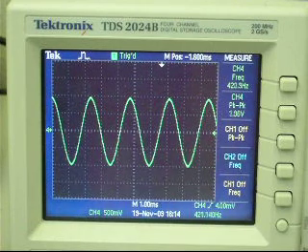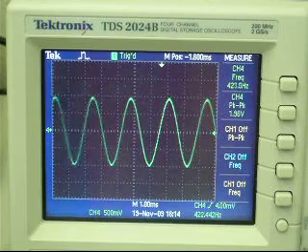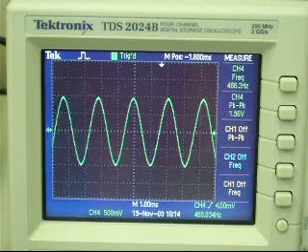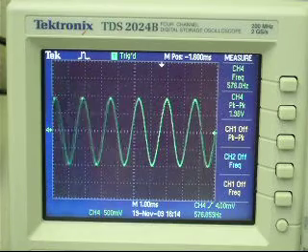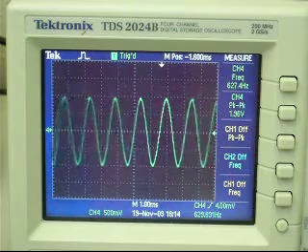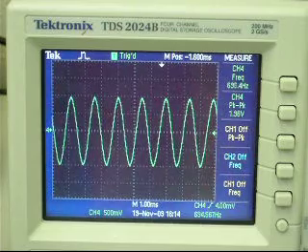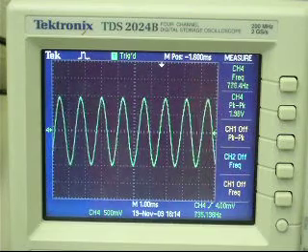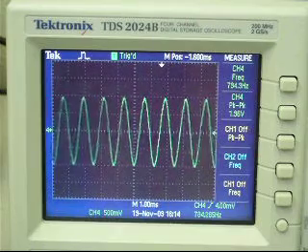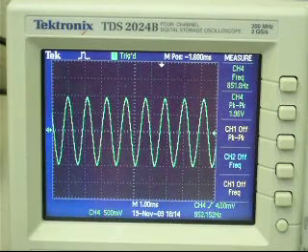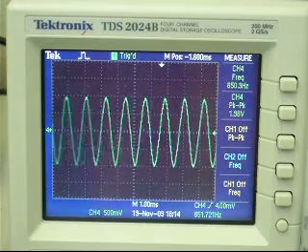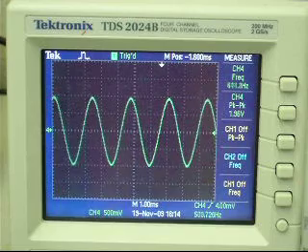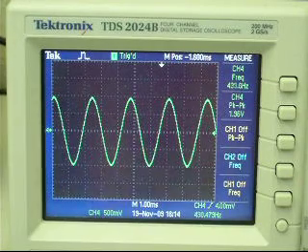If I start at 440, I can go up from an A to a B, C, D, E, F, a G sharp, and then an A. That's the whole octave there. You can get all the notes just by changing the frequency.